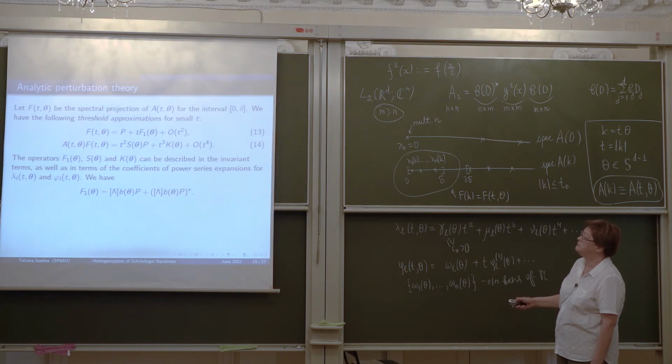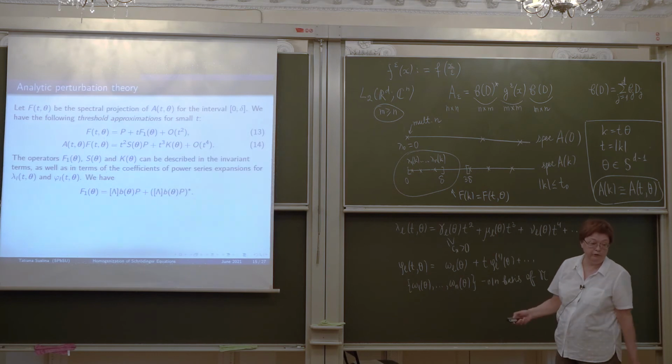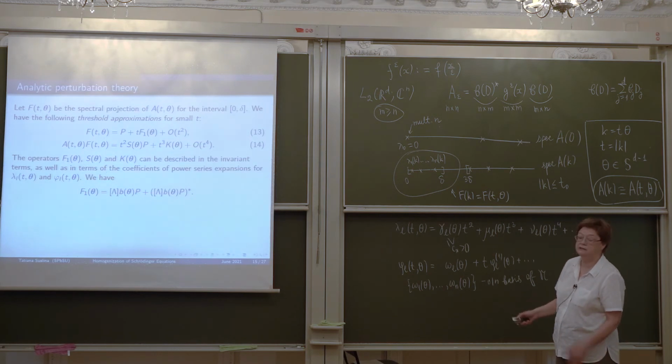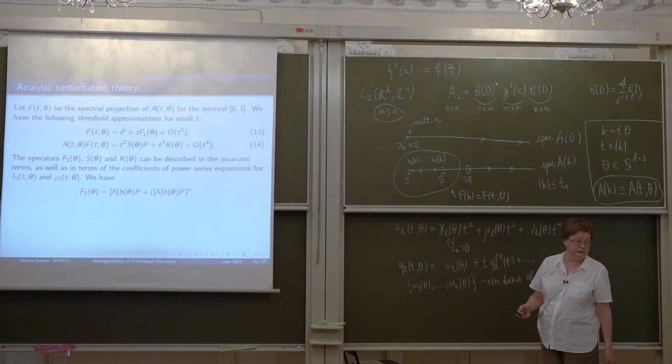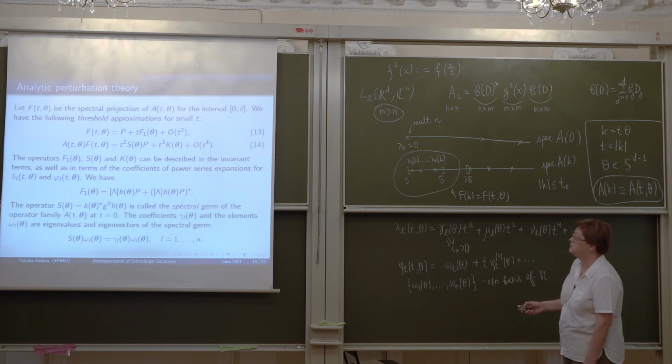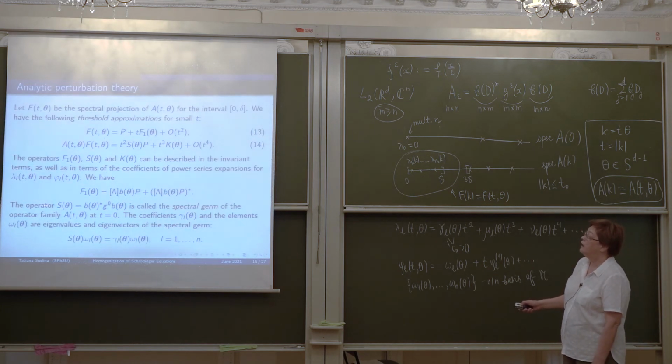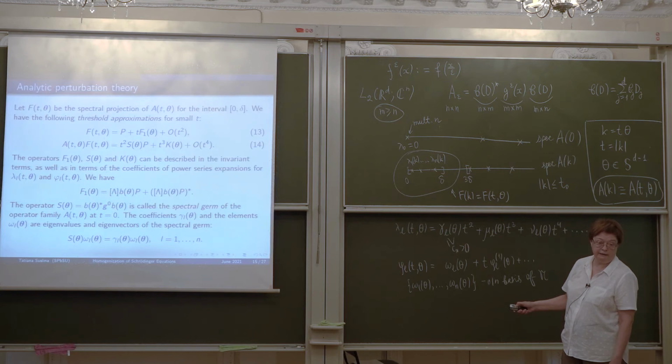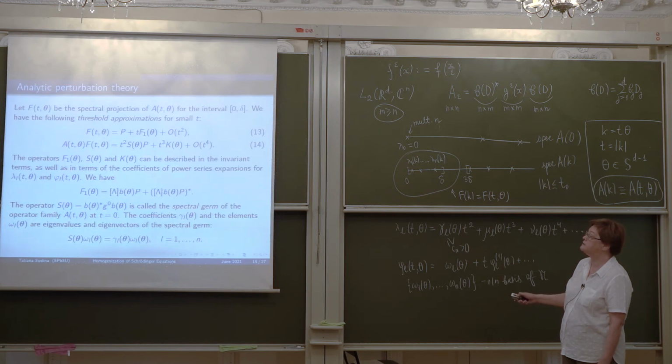Here it is, b of theta is the symbol of b of D, and lambda is this solution of the cell problem, which was introduced before when I defined the effective matrix. Now S of theta, the spectral germ, in fact, is the symbol of the effective operator. Here, G naught is the effective matrix. So in our approach, this effective matrix appears here when we calculate this spectral germ.